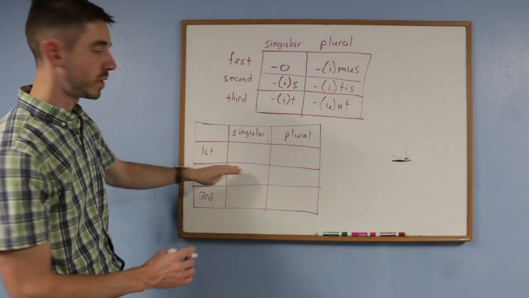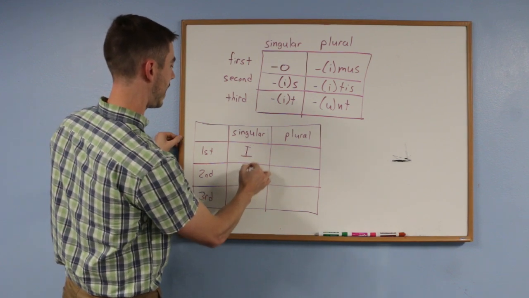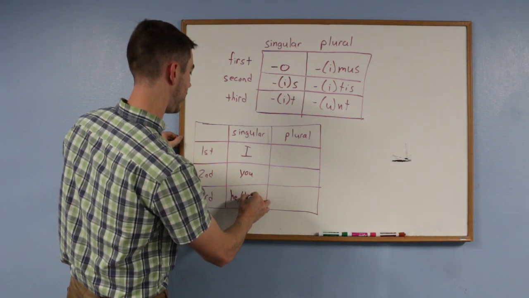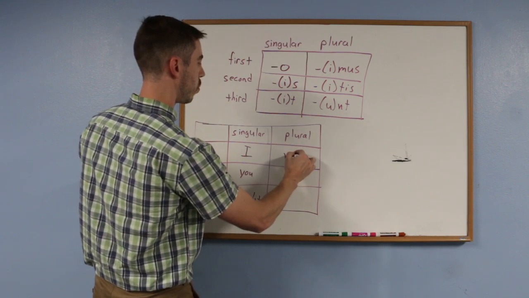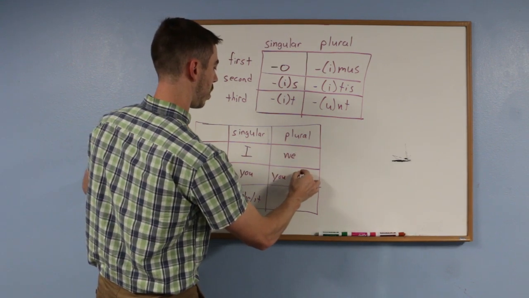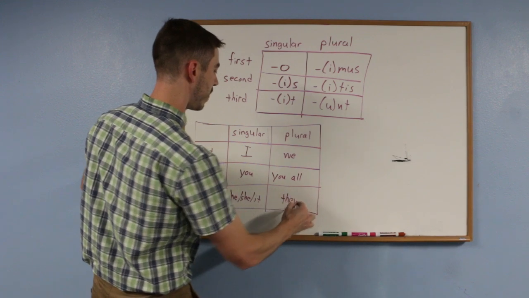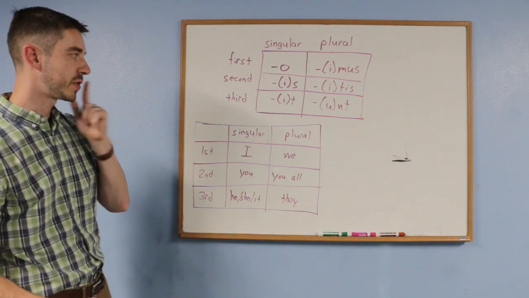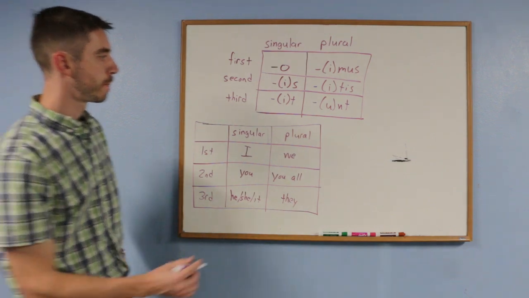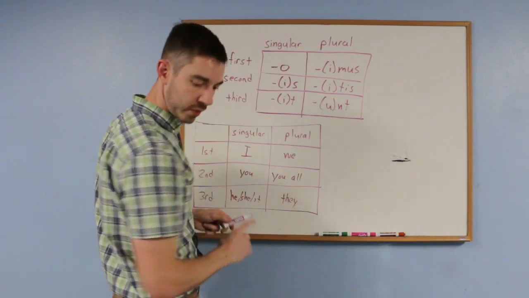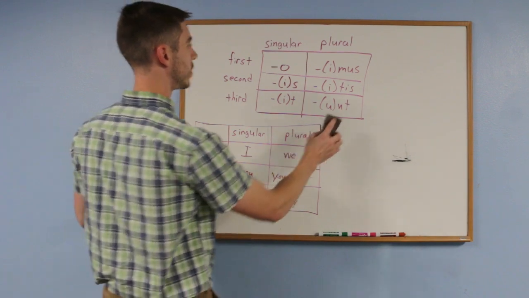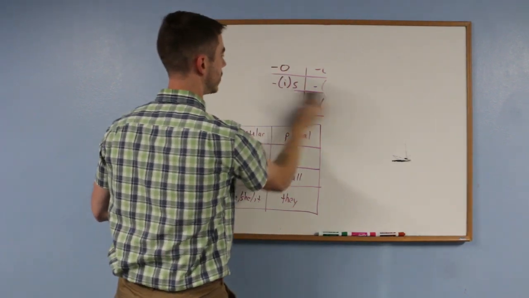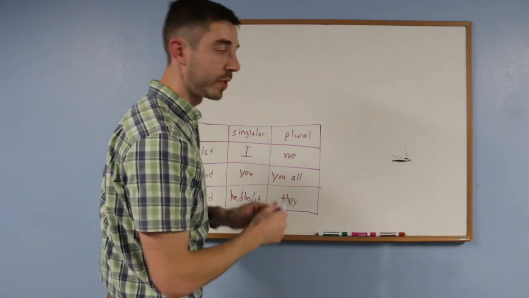What we're going to write here is who is doing the action. Okay, so it's I, you, he, she, or it, we, you all, and they. Okay, so this is in English, this is the person that's doing the action. Okay, and then we've got a goof here on our whiteboard, so I'm going to erase these endings for now, and I'm going to put them back up here.